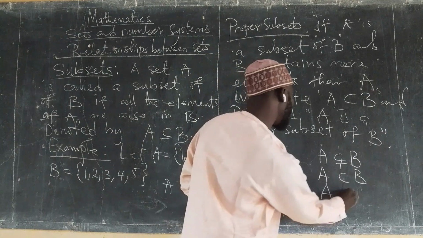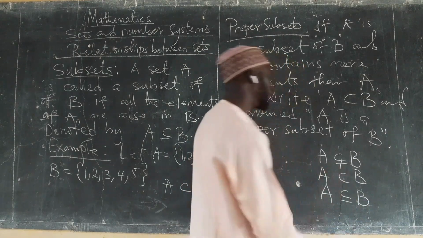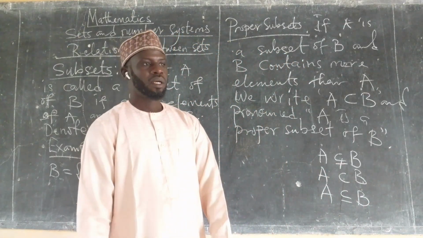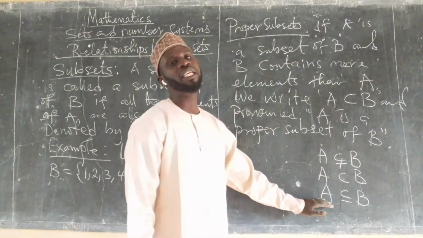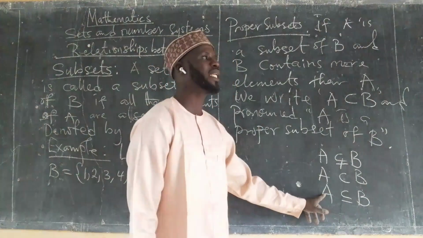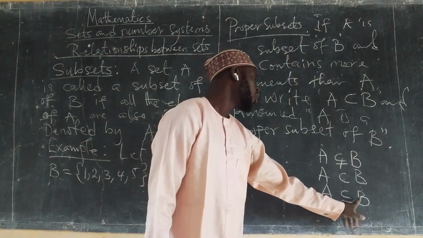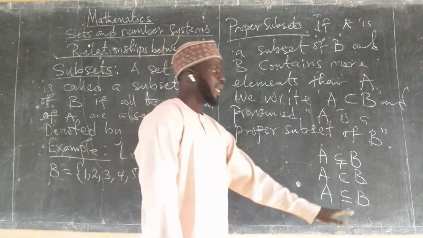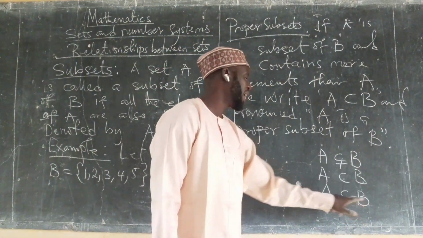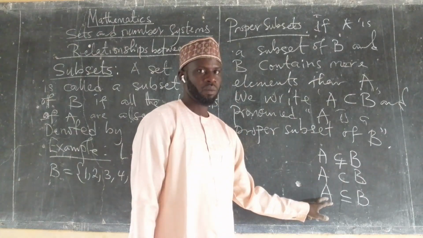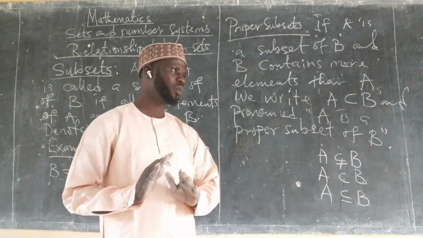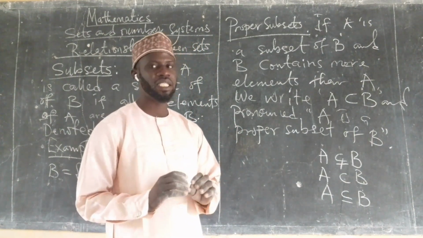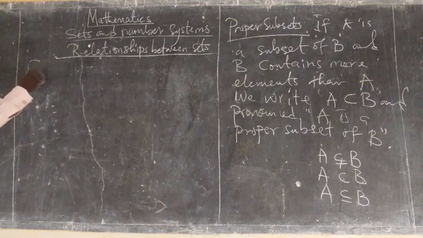Meaning, if you write A is a subset of B with the plain symbol, it means there is a possibility that all the elements of B can also be in A. Meaning, there is a possibility that A can be equal to B. We are coming to it when we define equality of sets.